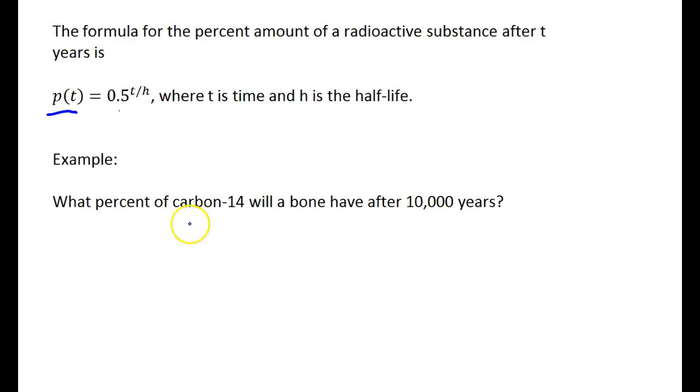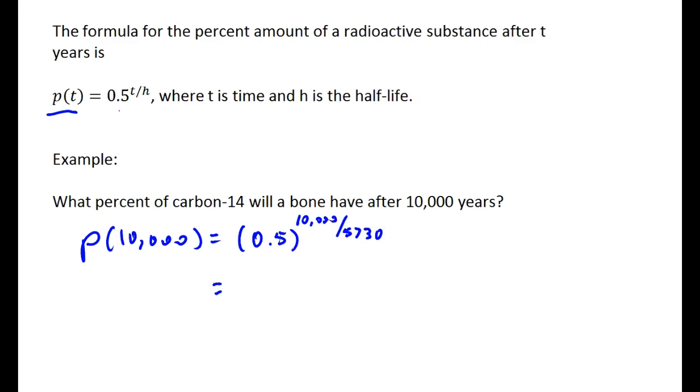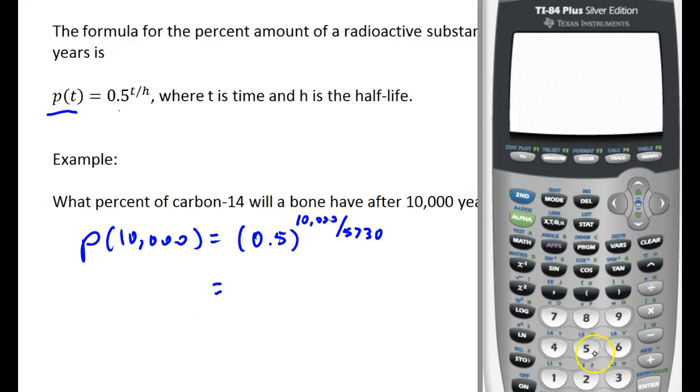And here's an example. What percent of carbon-14 will bone have after 10,000 years? So P of 10,000 will equal 0.5 raised to the 10,000 over 5,730. We'll use our calculator to evaluate this.